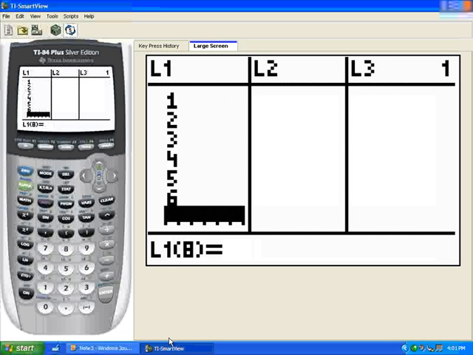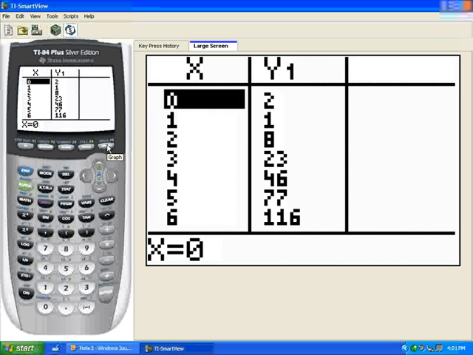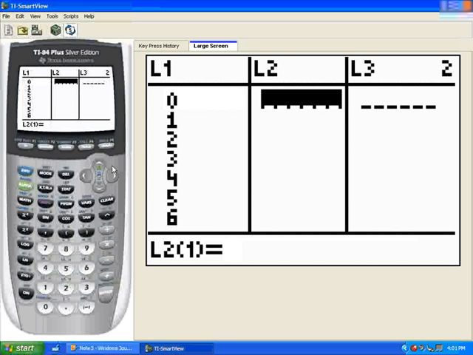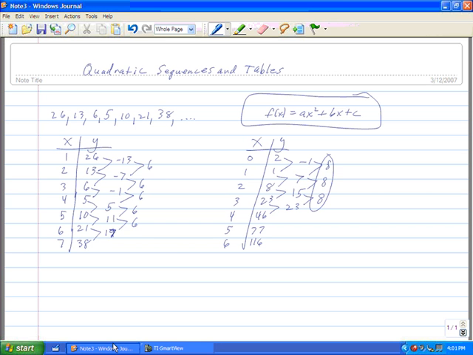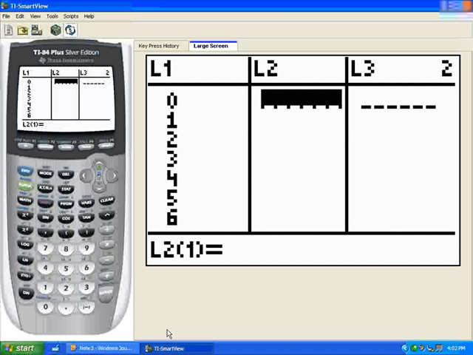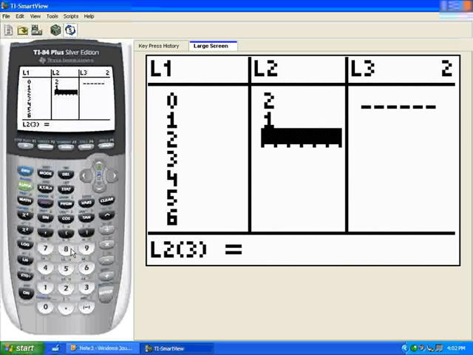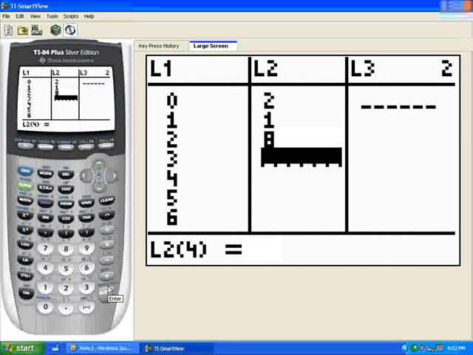Again, remember, those were our x values. Now our y values, we'll put those in next, back in the editors. Remember, they're actually written down over here. It was 2, 1, 8. We'll put those in first. 2, enter. 1, enter. 8, enter.